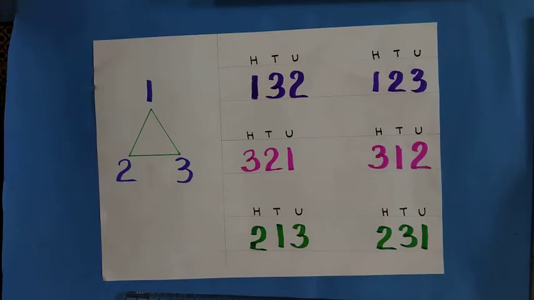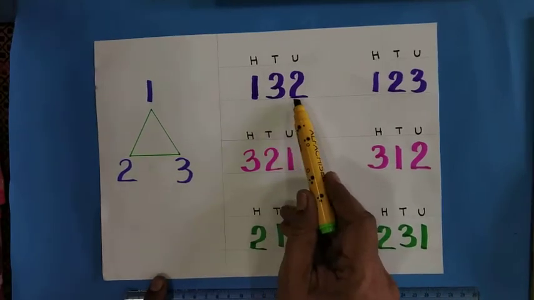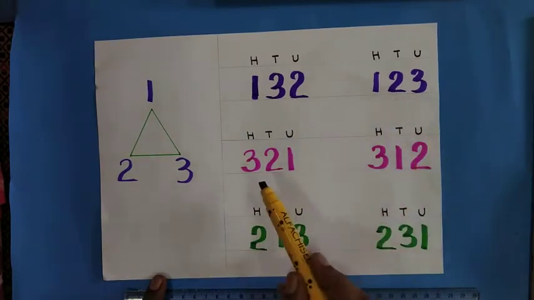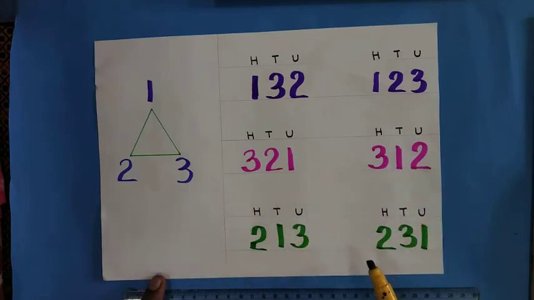So you got the 3-digit number 231. You can see that we took each number only once. Number is not repeated.